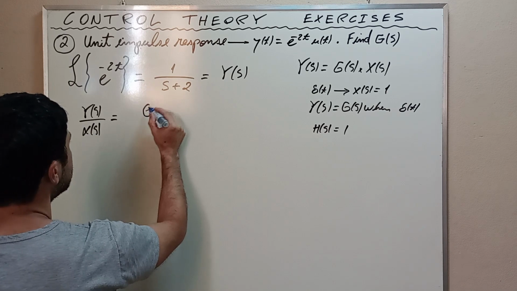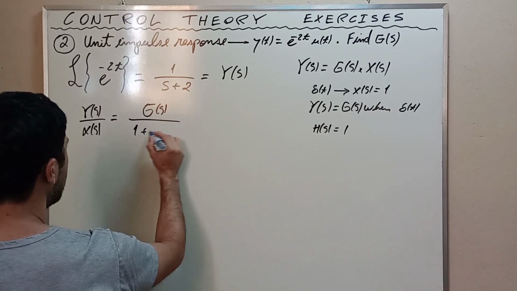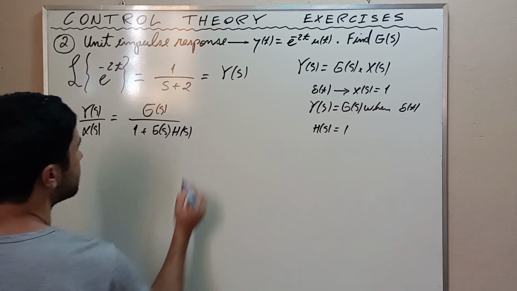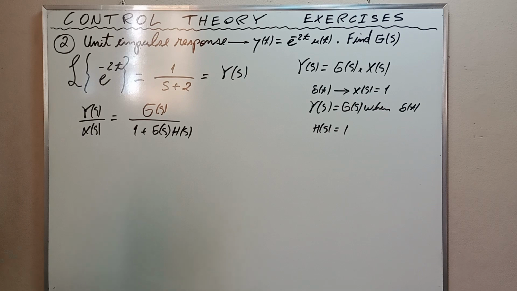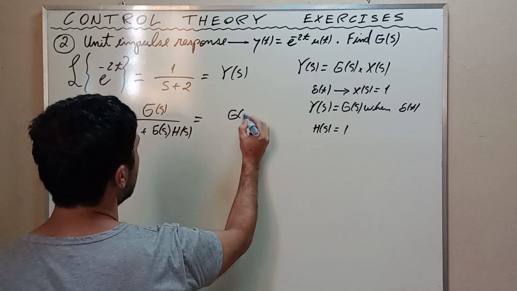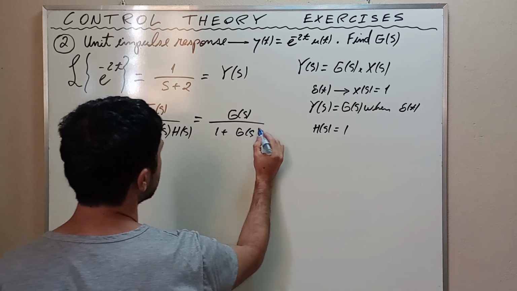G(s) over 1 plus G(s)H(s), and here G(s) over 1 plus G(s).